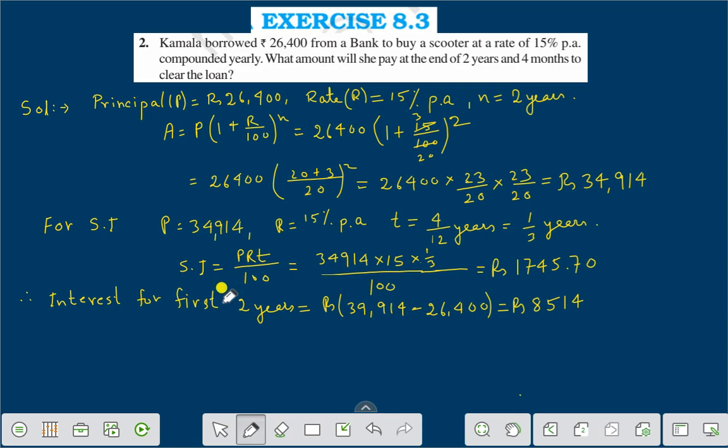And interest for 4 months is rupees 1,745.70.